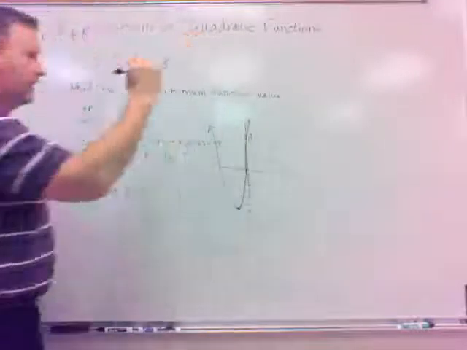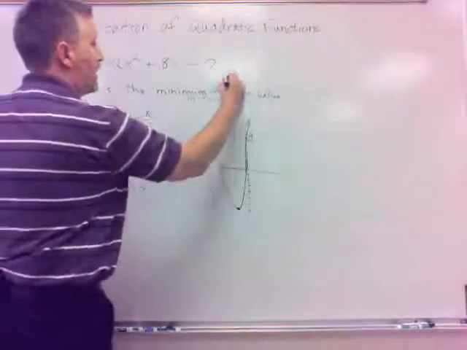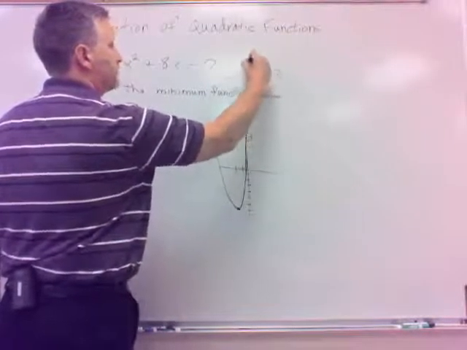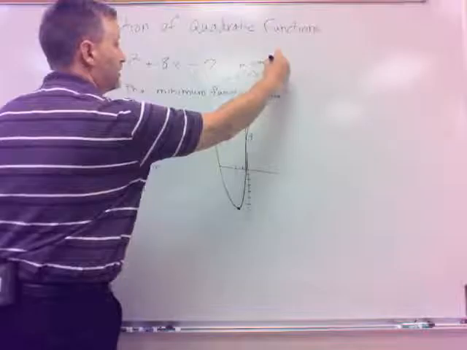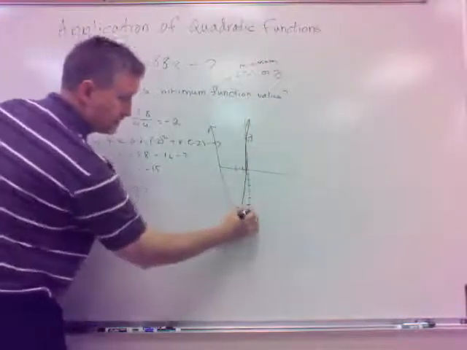All right, but anyway, you see there the minimum function value, the minimum f of x value, or in other words, y, the minimum value, the smallest, the lowest y value here turns out to be what? Isn't it negative 15?